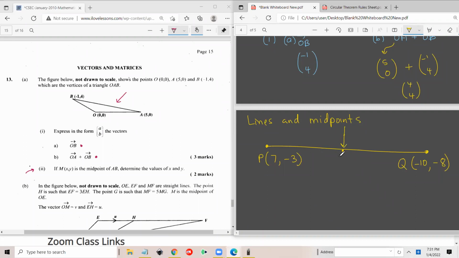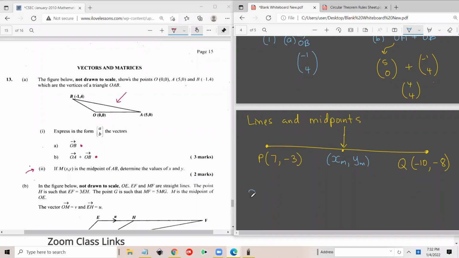And the middle must have an x coordinate, and it also must have what? A y coordinate. So usually in most textbooks, to denote the midpoint, you just call it xm and ym. X middle, y middle. That's what the m stands for.